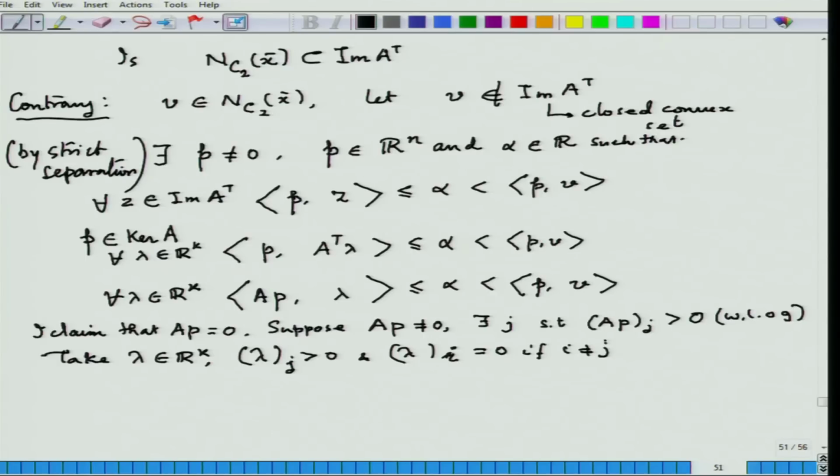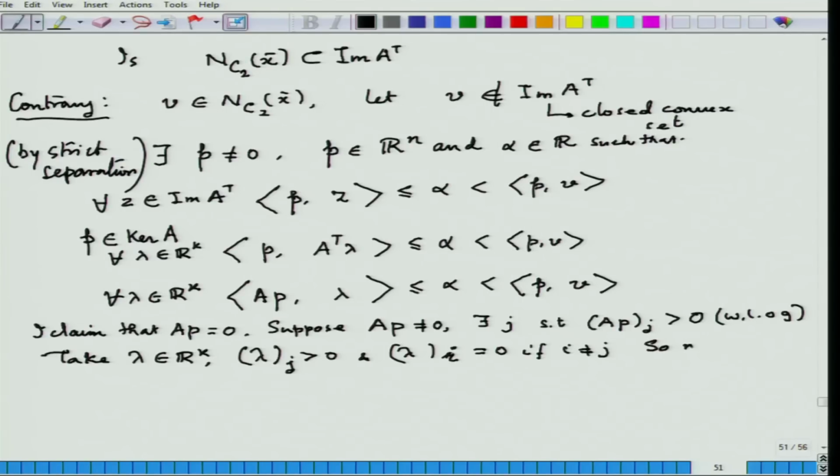Then you can make this lambda as big as you like. So, this will be a positive number which can grow in such a way that it will blow up and cross this value of alpha, cross this value of PV, and break the separation inequality.